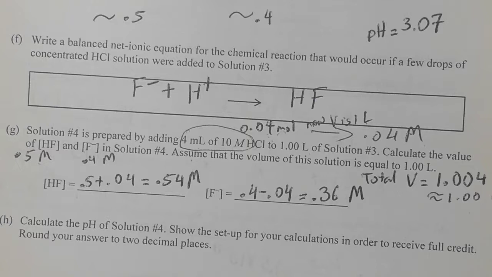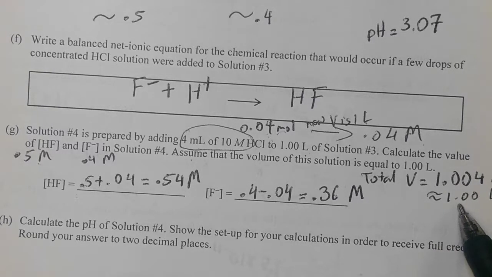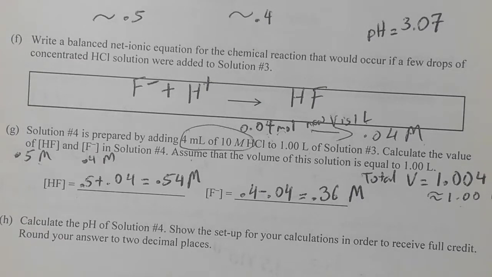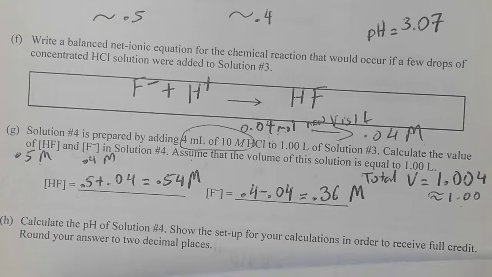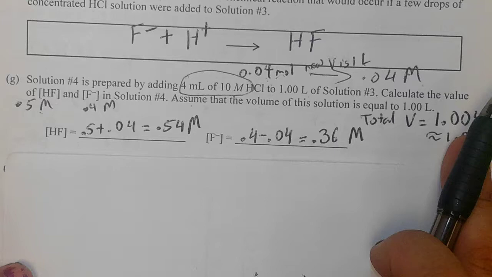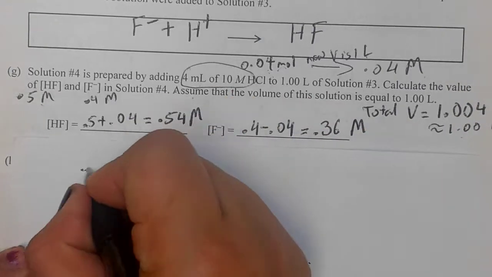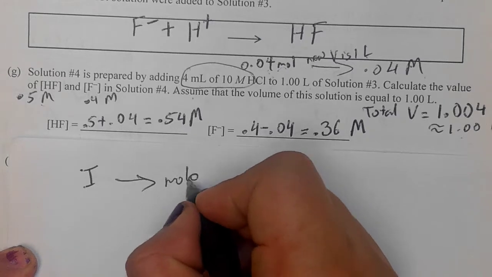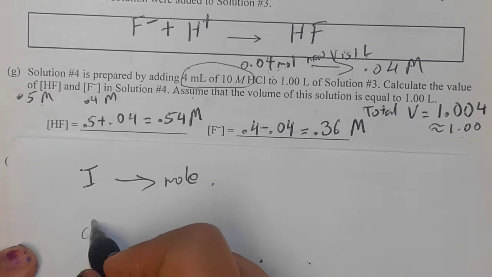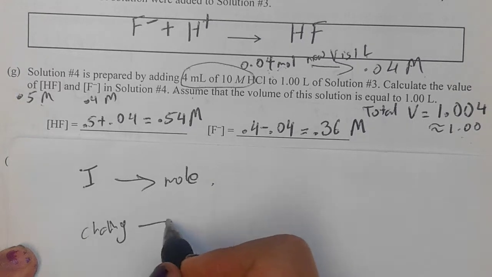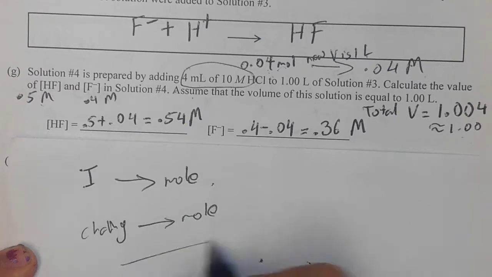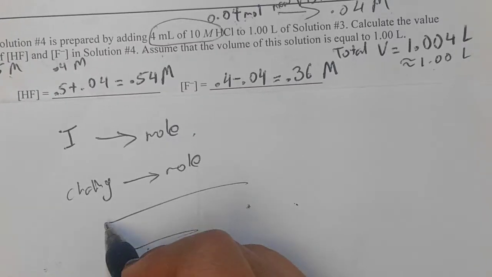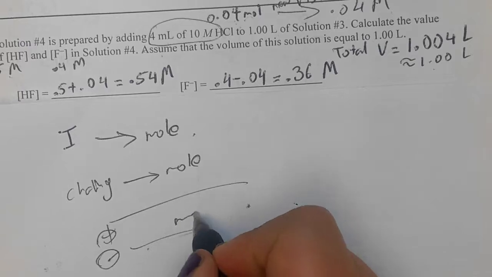Now here's the thing though. The only reason I can do it this way is because we're assuming the volume. You might say, what if we're not assuming volume? How would we solve it? If you're not assuming volume, change it all to mole. You get your initial moles, calculate everything plus or minus whatever it was in moles.